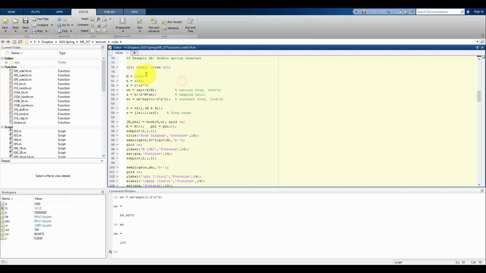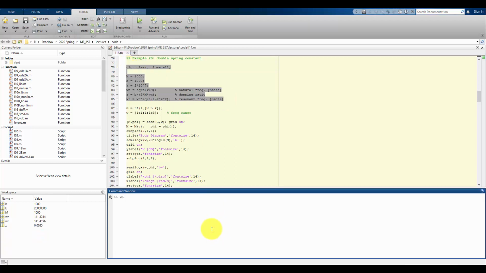Back in MATLAB, we see it's basically the same code. M and B are still 1,000, and K is now 2 times 10 to the 7th, so doubling the spring constant. So let's see what this does so far. Our natural frequency, if we calculate it longhand or here, is 141 radians per second.